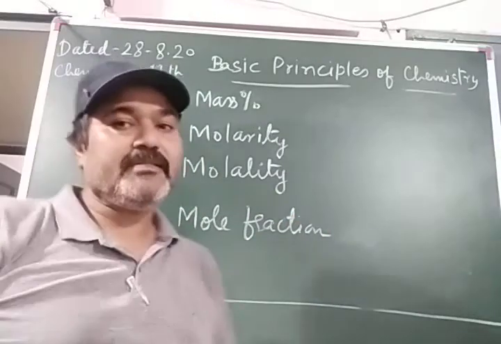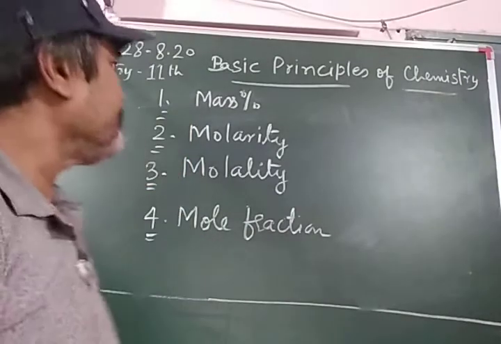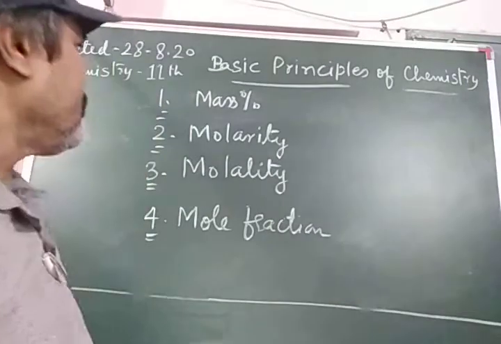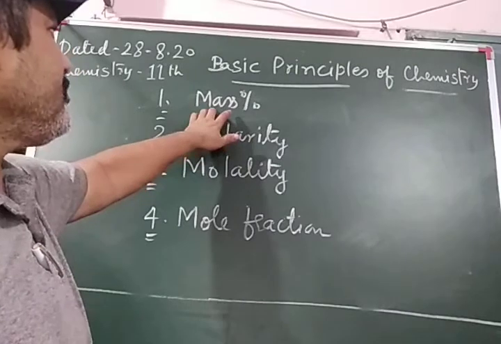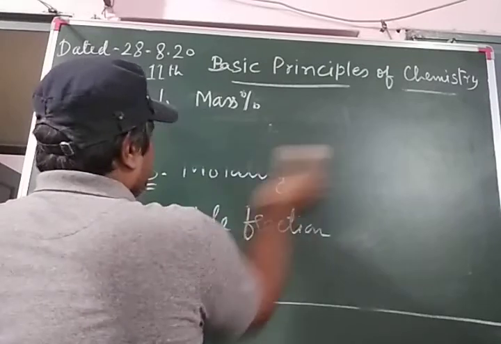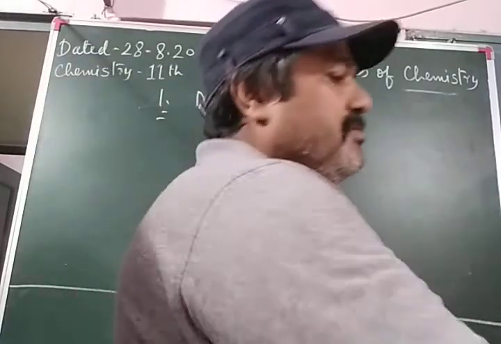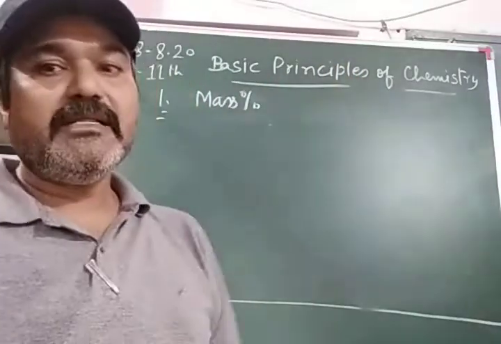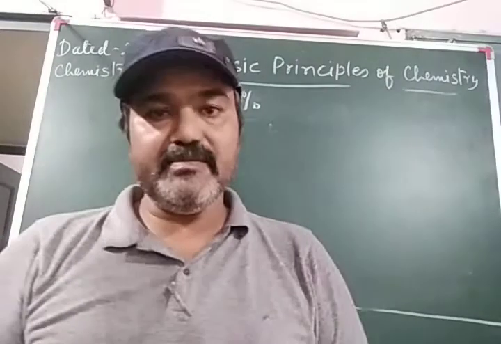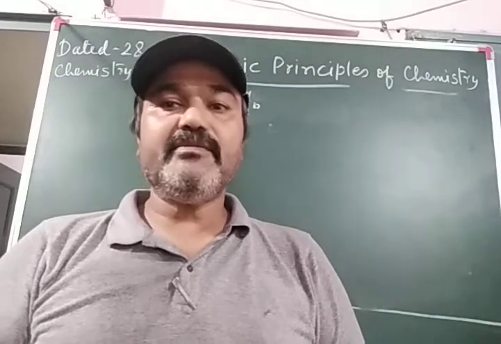So now we will discuss these four basic units one by one. Initially we will discuss the mass percent. Let us suppose we have a solution, and we very well know that a solution mainly consists of two components. One component is known as solute and the second component is solvent.